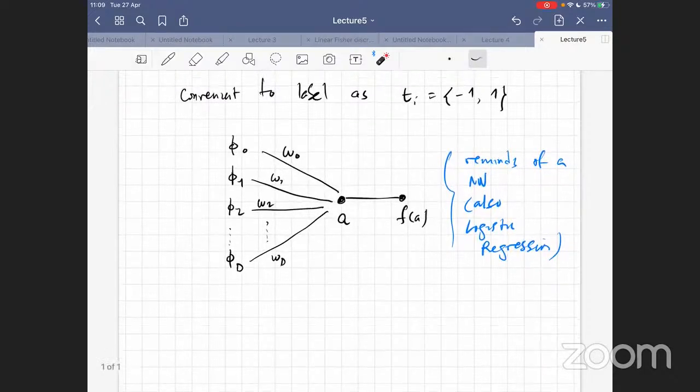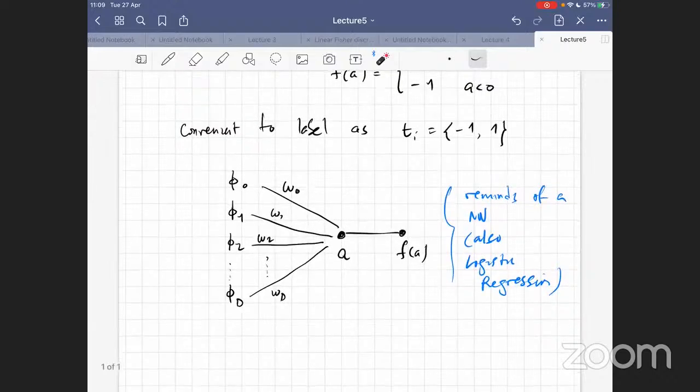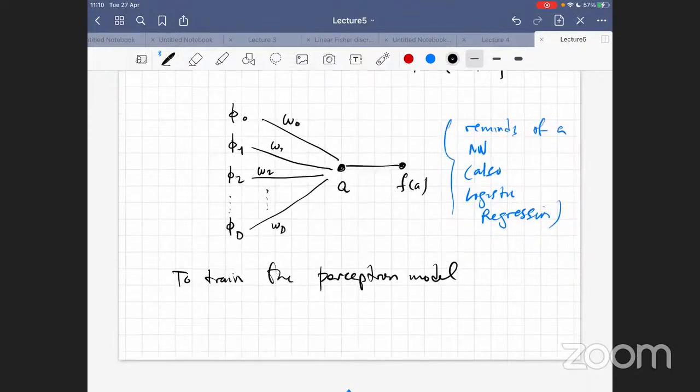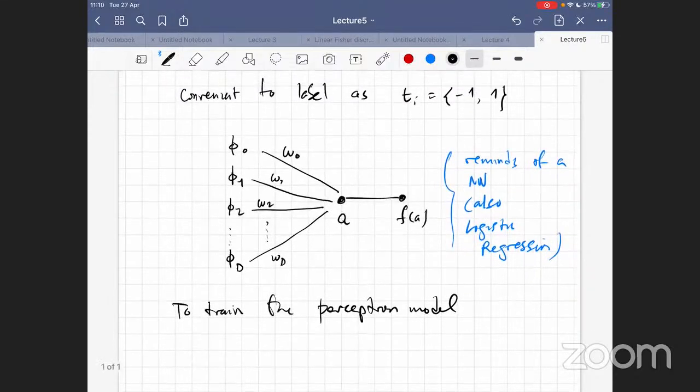So now the task here is to train the perceptron model, which means to find the parameters, of course, this W, the optimum parameters, that minimize some function.